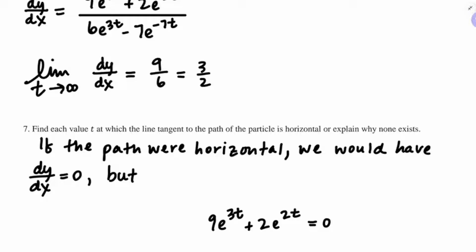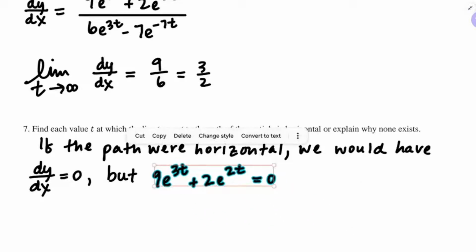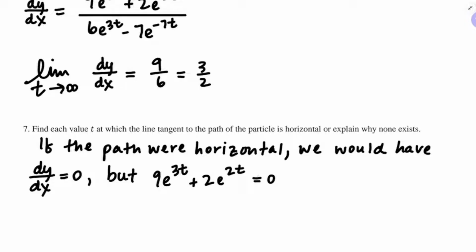But that is, it has no solution. I'm just going to say is not equal to 0 for all t. In fact, I might actually upgrade that to greater than 0. That's always positive. Greater than 0 for all t. So none exist.